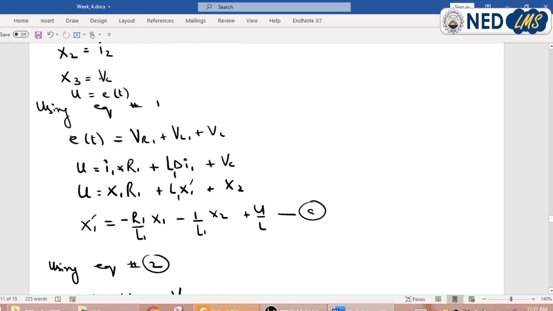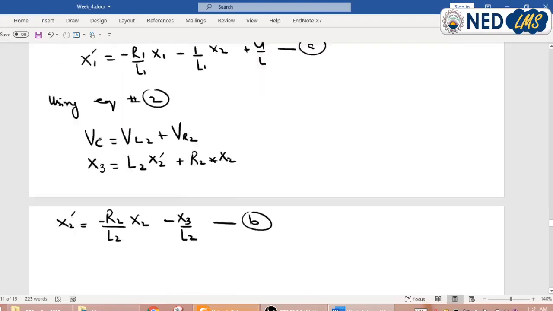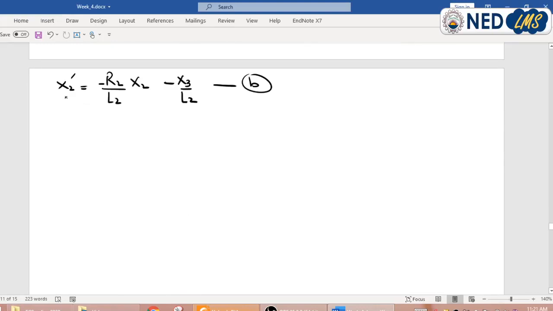Now I want to find VC dash or dVC. We have a third equation which contains the capacitor current. Capacitor current can be transformed with the help of the capacitor mathematical representation, that is IC equals C dVC. In that we have dVC involved, so we can find x3 dash.